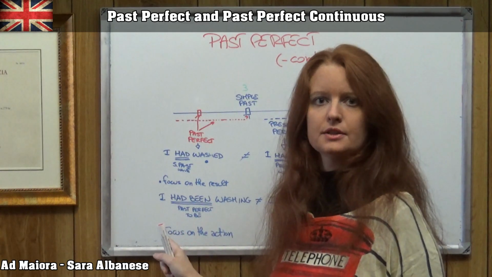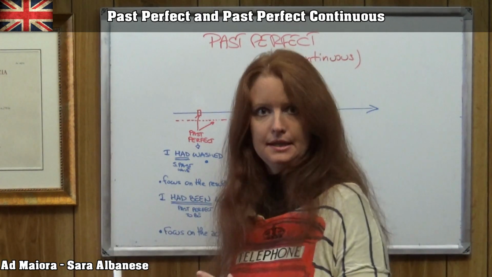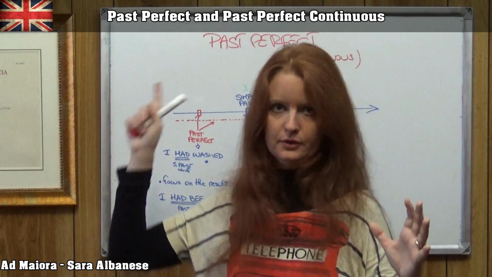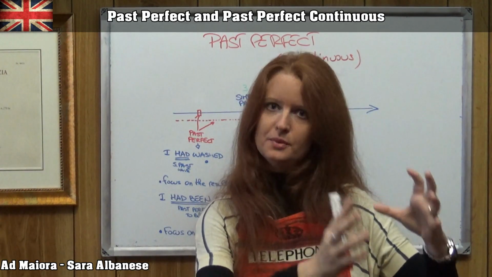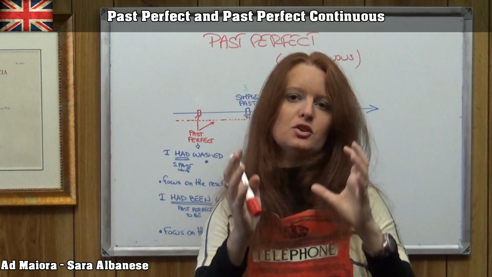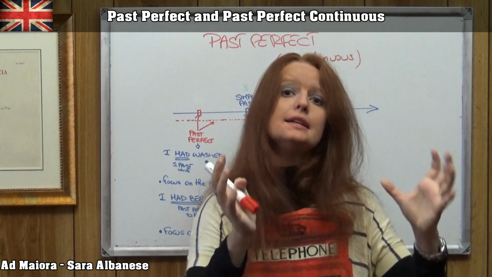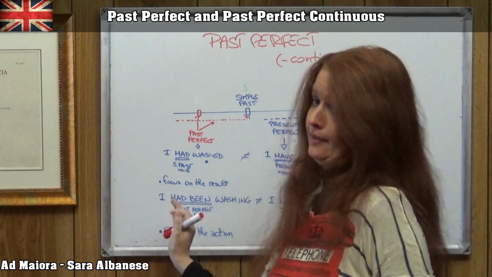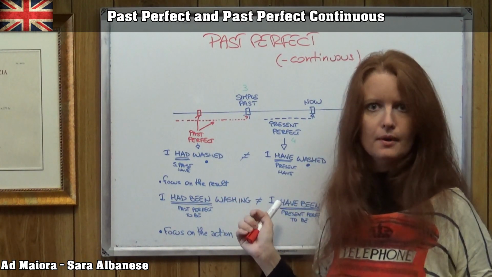In a past perfect, okay? The past perfect of the verb to be is had been, obviously, okay? Had, because we explained before that for the past perfect, the auxiliary verb have has to be in the simple past, so had, okay? And been, because been is the past participle of the verb to be. So had been is the past perfect, okay, of the auxiliary verb, and then I have obviously the ing form washing in this case, right?